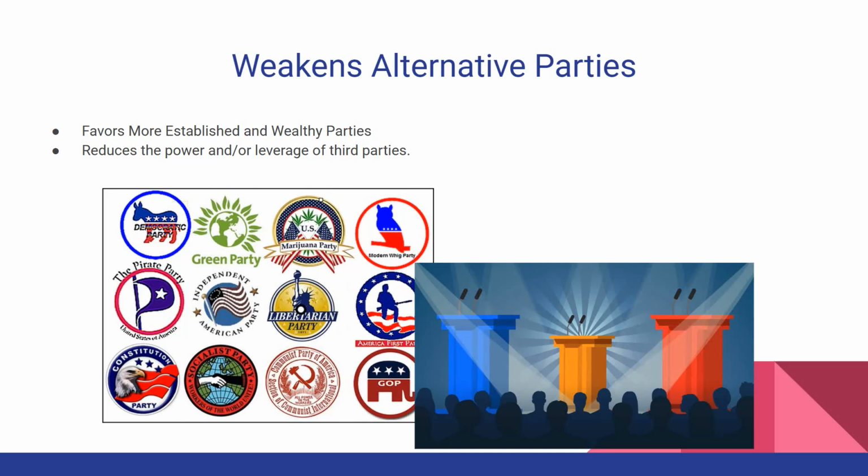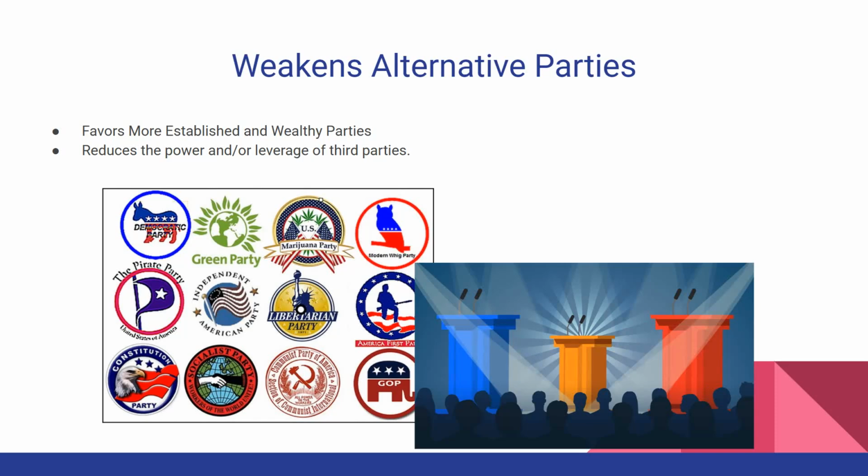It doesn't benefit them, it hurts third parties, which ultimately means it favors the 2-party system. Top 2 really does favor the 2-party system. It favors more established and wealthy parties. It favors the ultra-billionaire class. It favors the corrupt oligarchy that we see in Washington, that we also see in Sacramento as well.